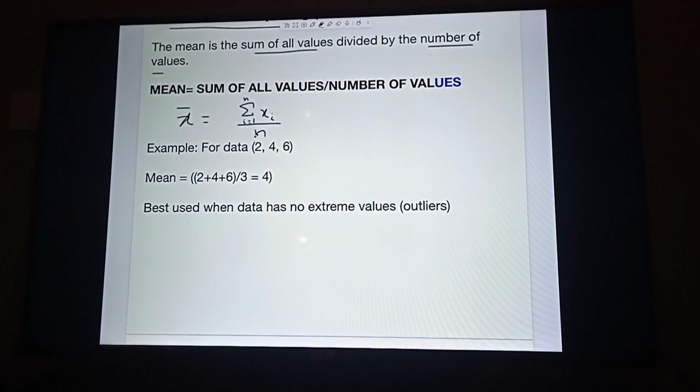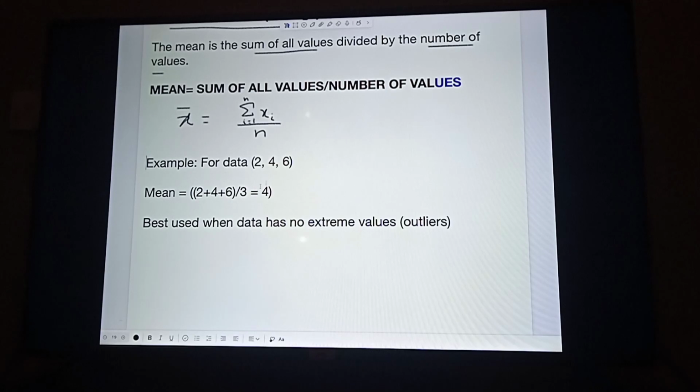Now here is an example. We have three values given: 2, 4 and 6. The first value is x1, the second value is x2, and the third value is x3.